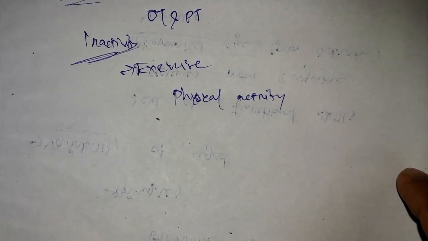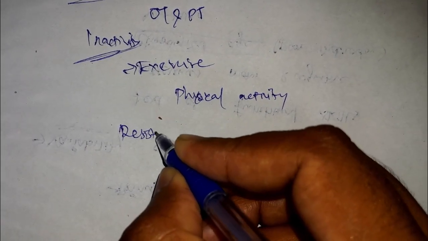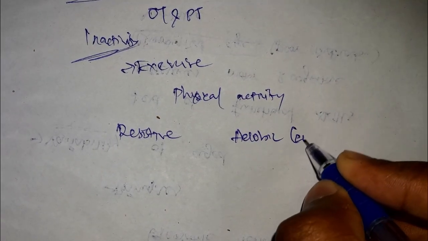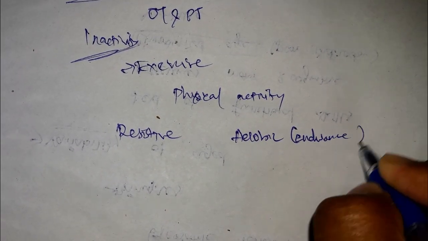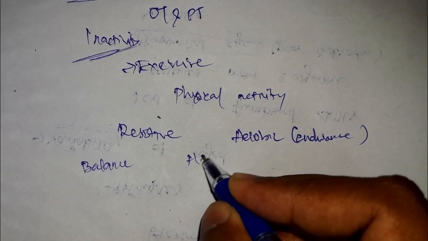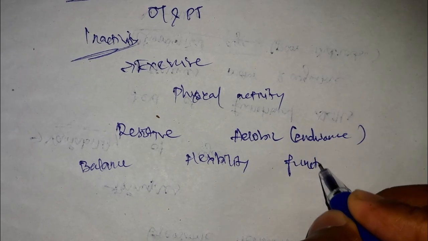We can classify exercise into 5 categories: resistive exercise, aerobic exercise, aerobic meaning we are going to do high endurance, then balance exercise, flexibility exercise, and functional based exercise.